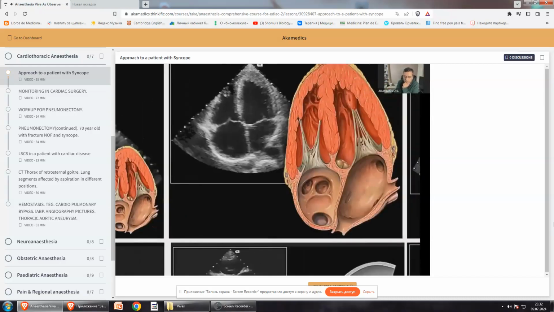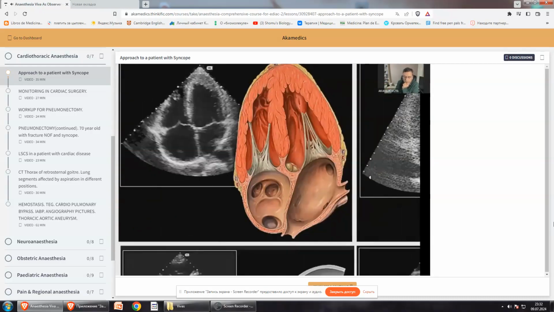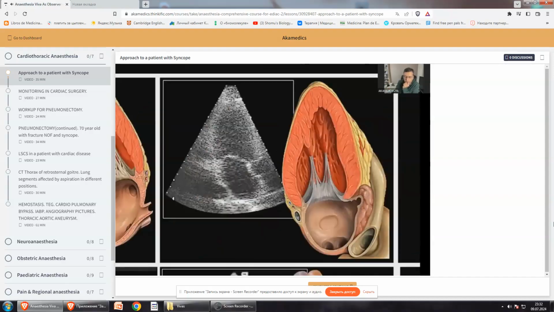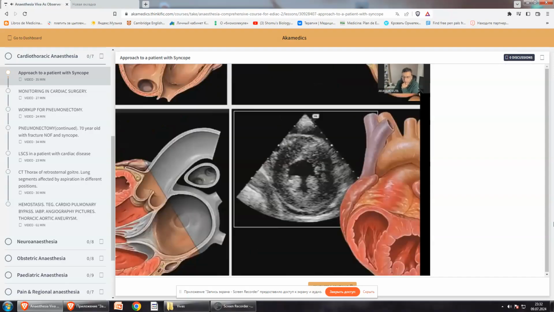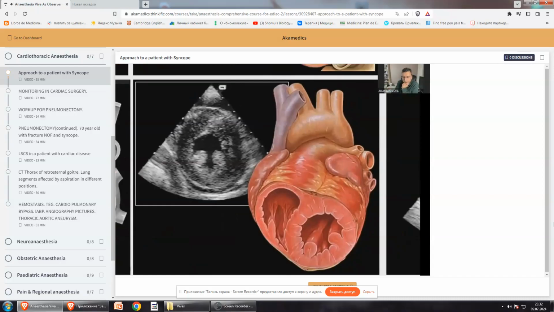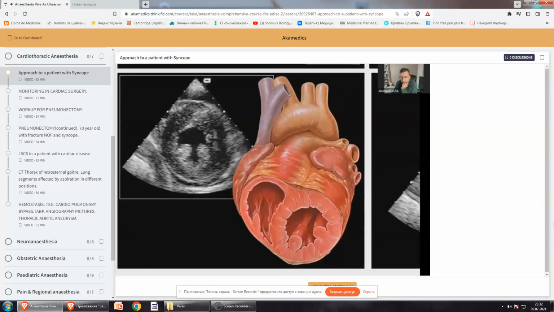Then that's another. I don't think you'll need a single chamber view. That is the short axis view. So you cut across at the level of, this looks like the mitral valve, I think.